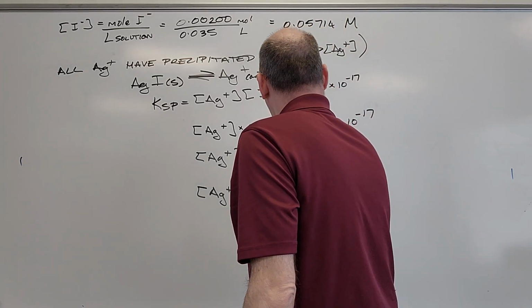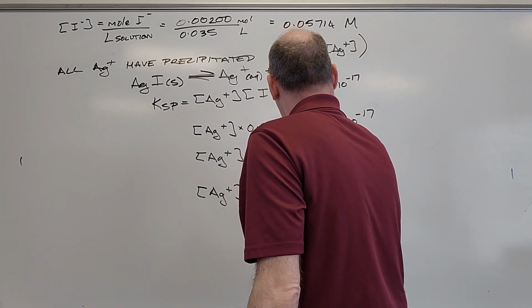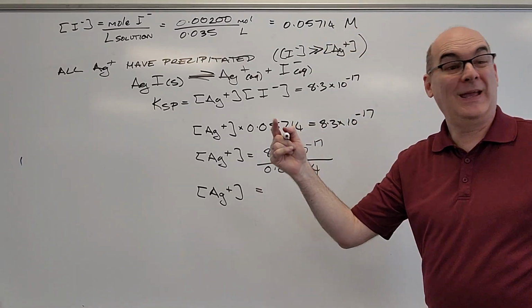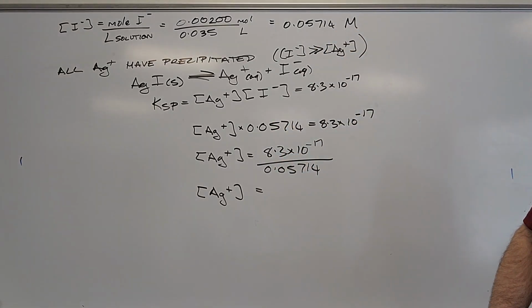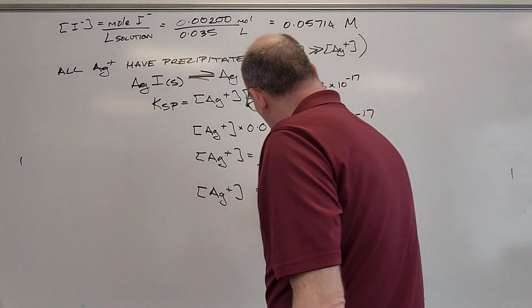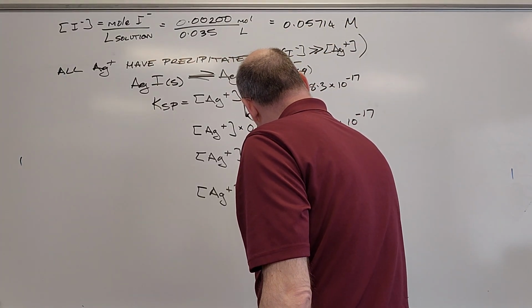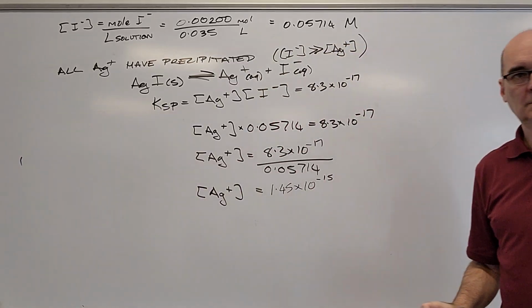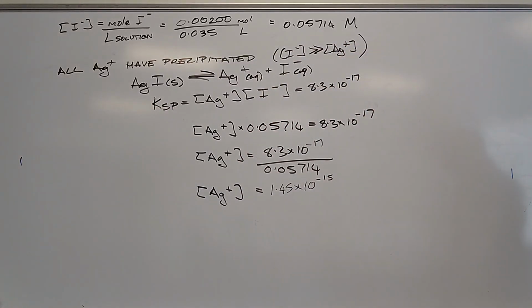When you divide 8.3 times 10 to the negative 17 by 0.05714, you get that number that I accidentally put on the board. That is 1.45 times 10 to the negative 15. Okay. Still a very, very small number.